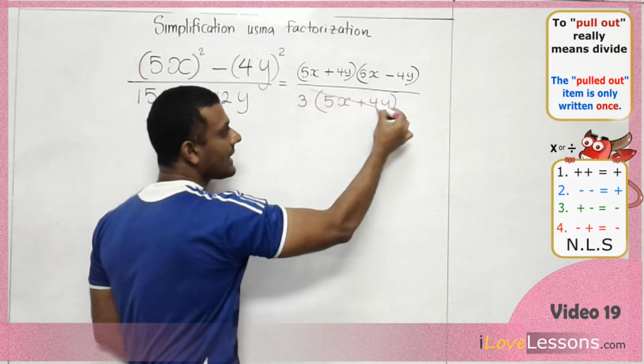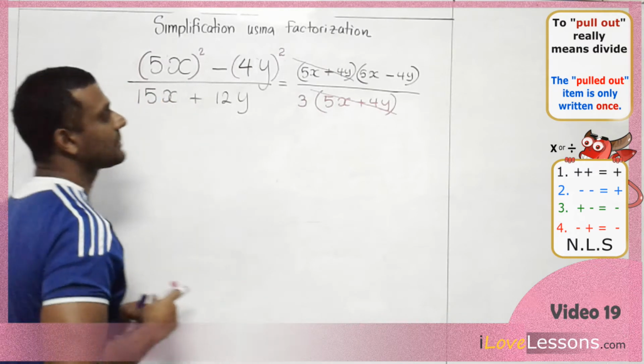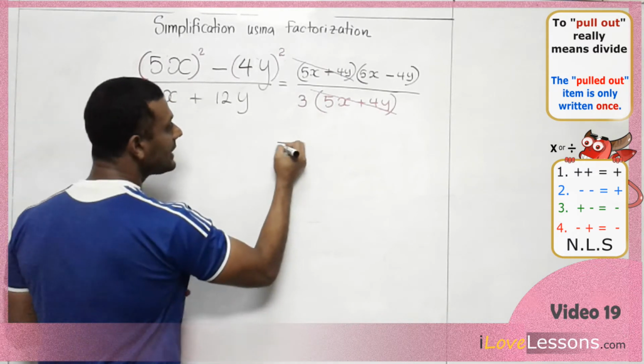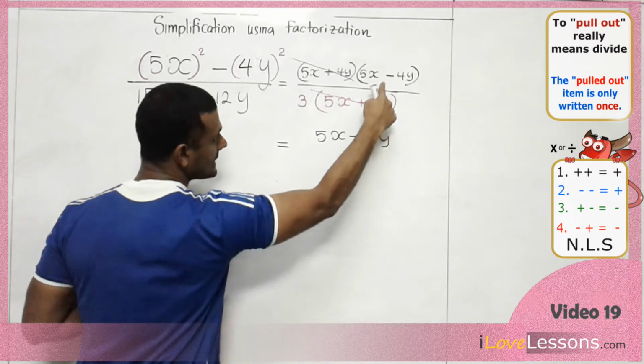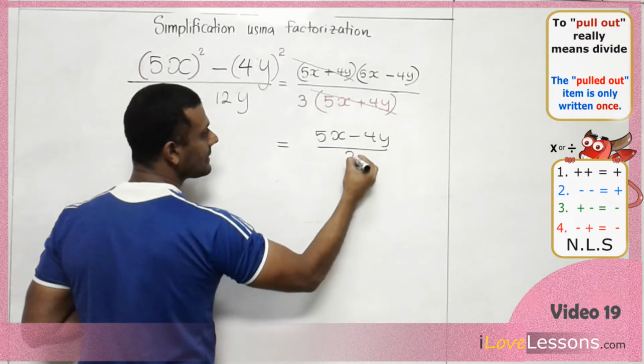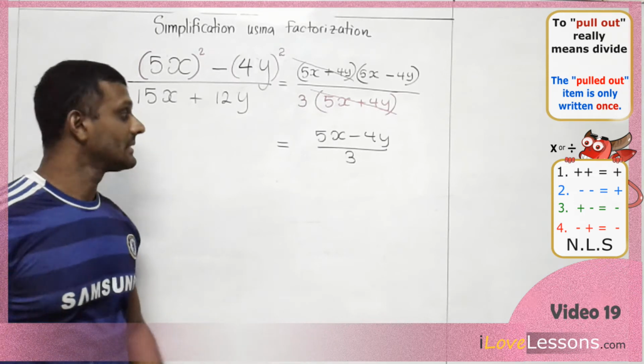The 5x plus 4y will cancel out with the 5x plus 4y, leaving you with 5x minus 4y, that's this guy, divided by 3. And that's the end of your question, right?